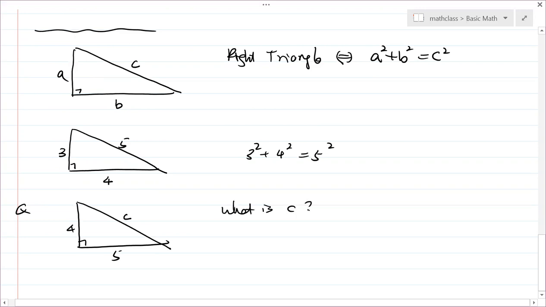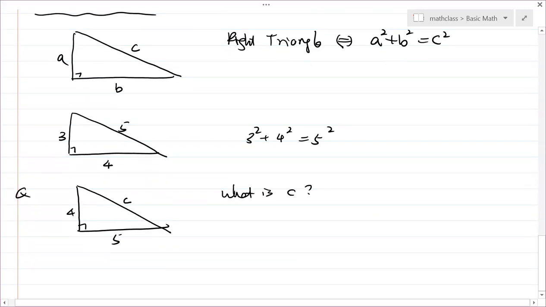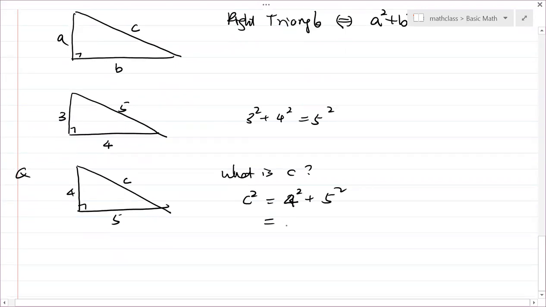Then you have to use the Pythagorean theorem to solve the problem. C squared equals 4 squared plus 5 squared, which is 16 plus 25, which is 41. So C is going to be the square root of 41. It's a very bad number. It's an irrational number.